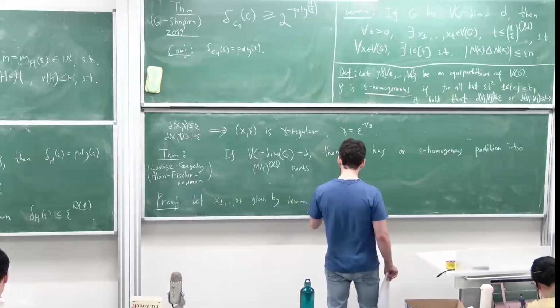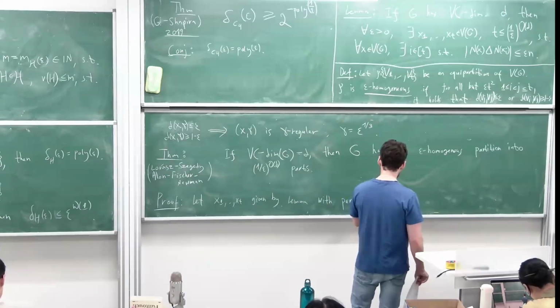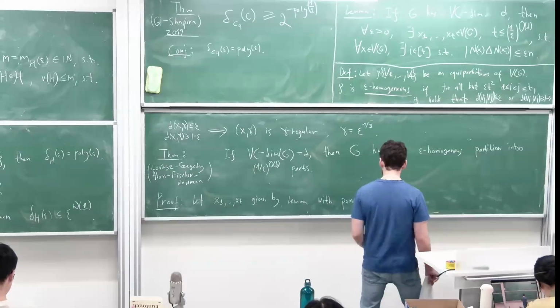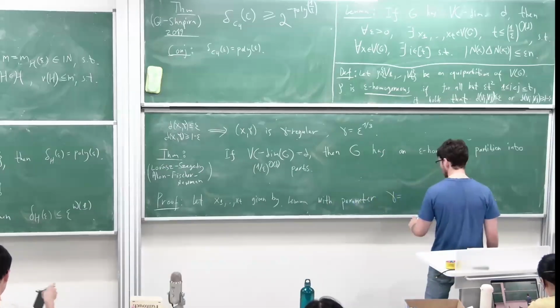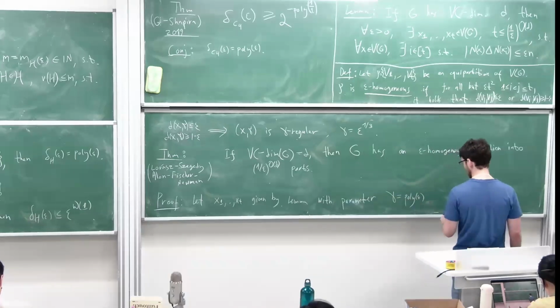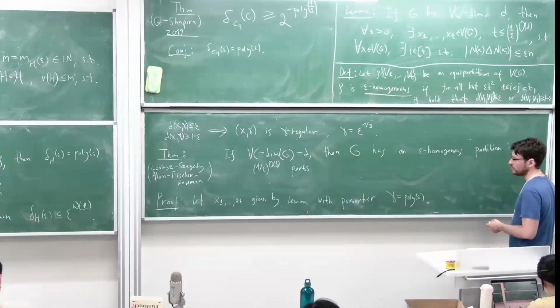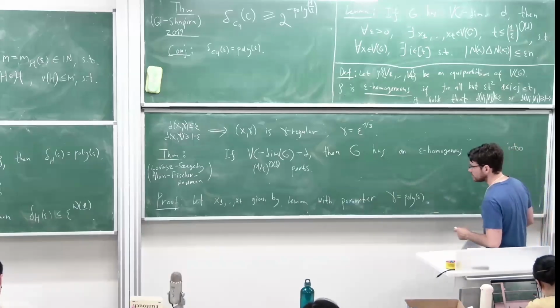So with parameter, let's say, gamma. Gamma will be some polynomial in epsilon, which we will fix later. We'll see what the requirements on gamma are. Okay.